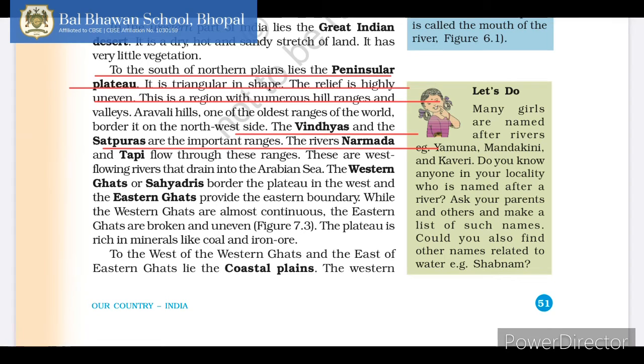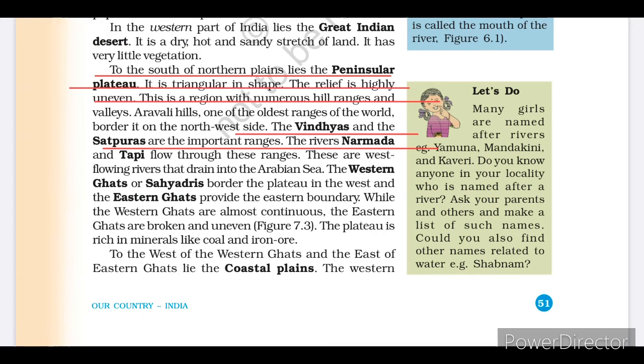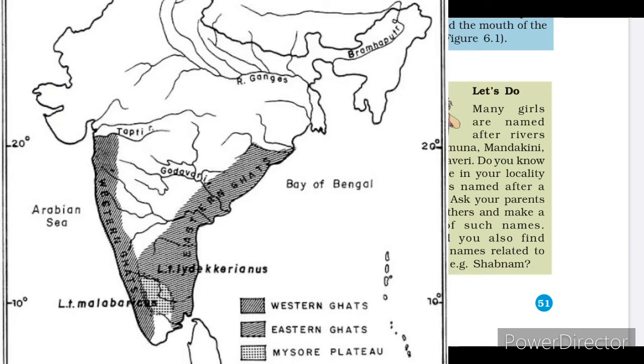The Western Ghats or Sahyadri border the plateau in the west, and the Eastern Ghats provide the eastern boundary.